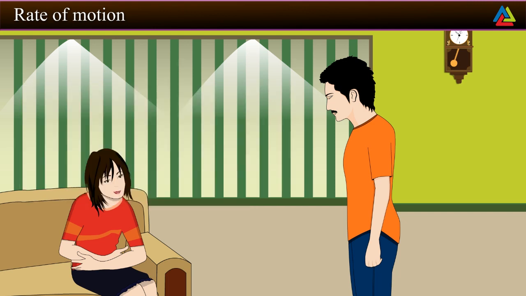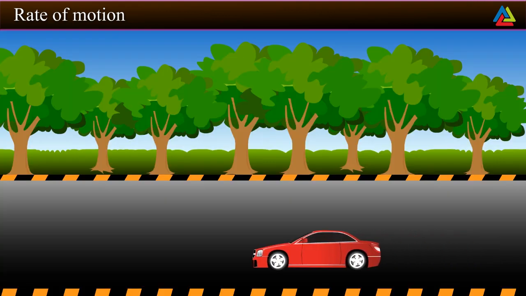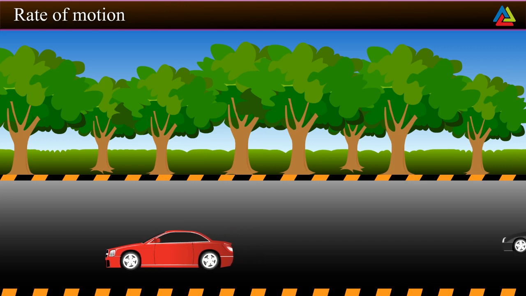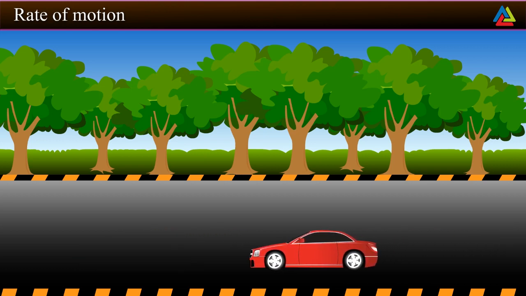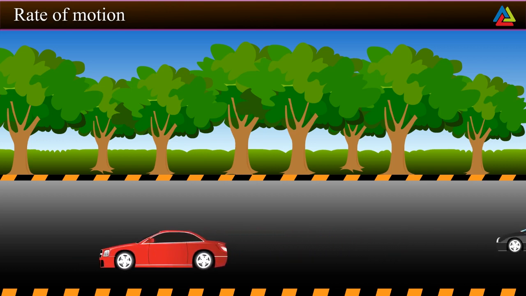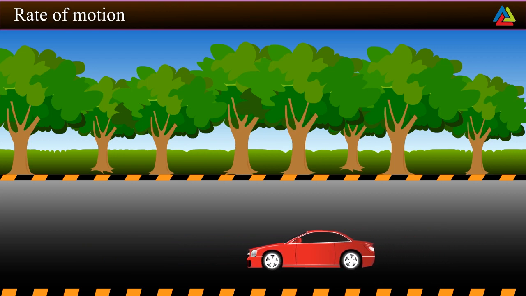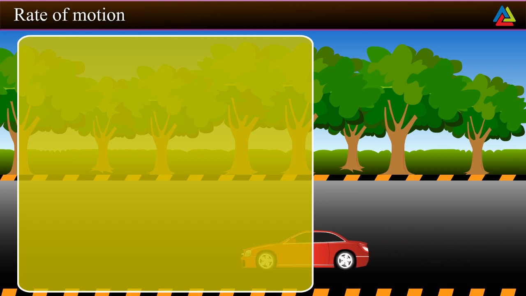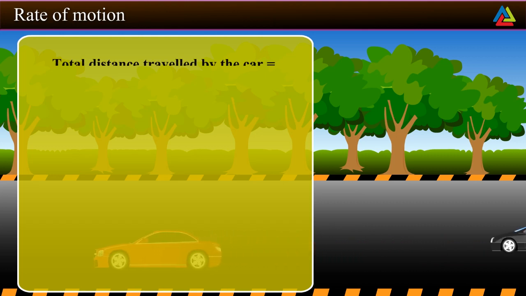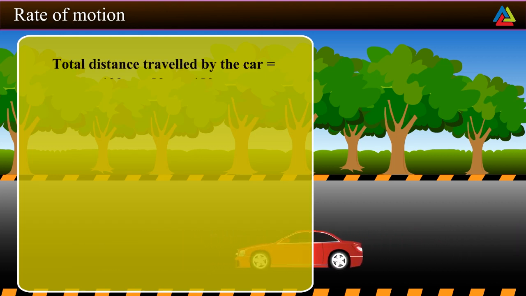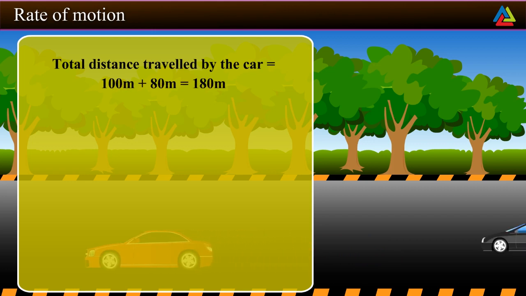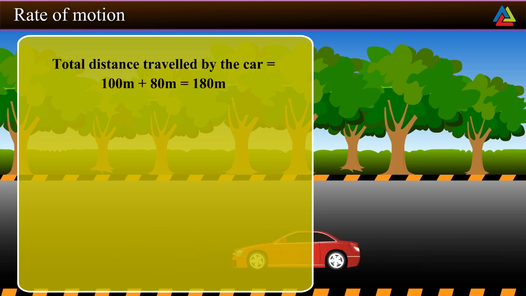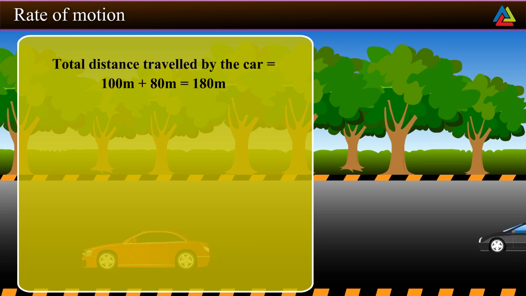Can you explain it to me through an example? Mr. Sengupta drives his car 100 meters in 20 seconds and then another 80 meters in 10 seconds. What is the average speed of his car? Here, total distance travelled by the car is equal to 100 meters plus 80 meters, which is equal to 180 meters.